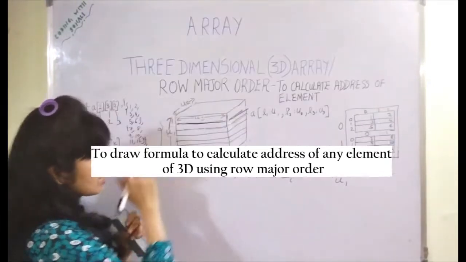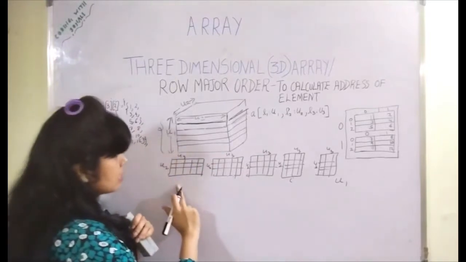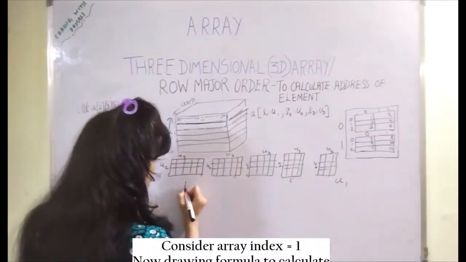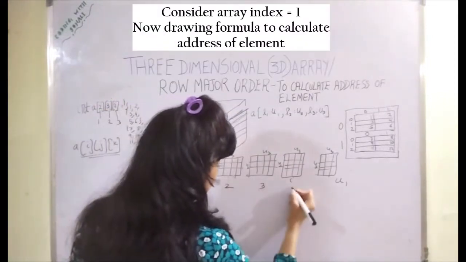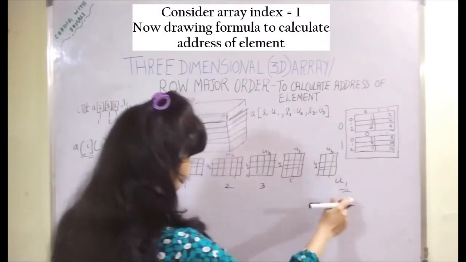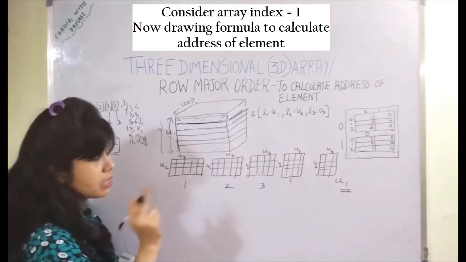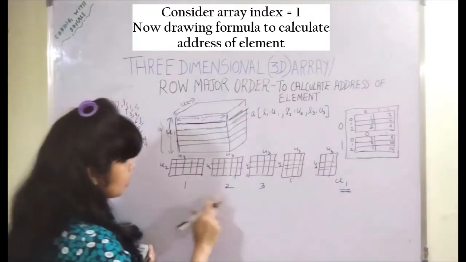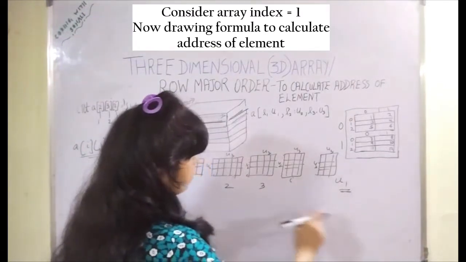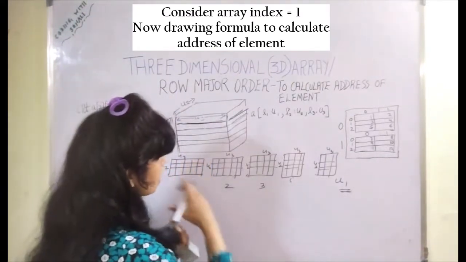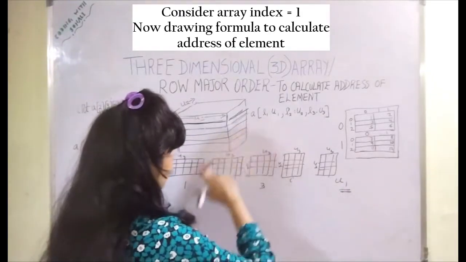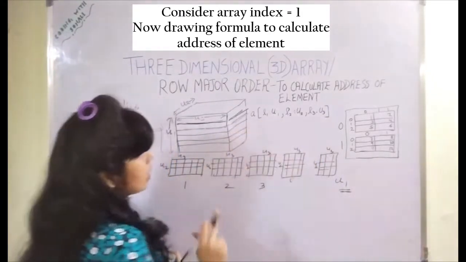So this will be 1, this will be 2, this will be 3, and so on till U1. Suppose we are considering the indexing starting from 1 for all the dimensions and not from 0. So 1, 2, 3 till U1 is the number of slices when I cut this total cuboid. So L1, L2, L3 we are considering as 1 and not 0.